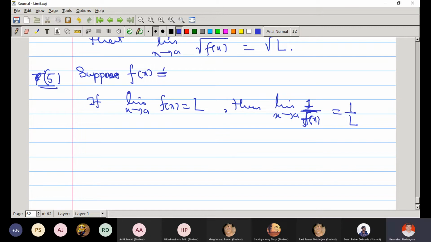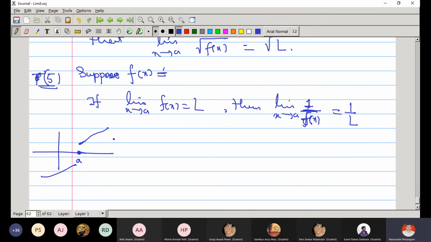But if fx is not equal to 0, it may happen that a is not in the domain, maybe whatever, and the function is positive on this side of a and negative on this side of a. Suppose we put the restriction that fx is not equal to 0, but there is a restriction on L also. Yes, sir. L should not be 0. Then only we can think about 1 by L.